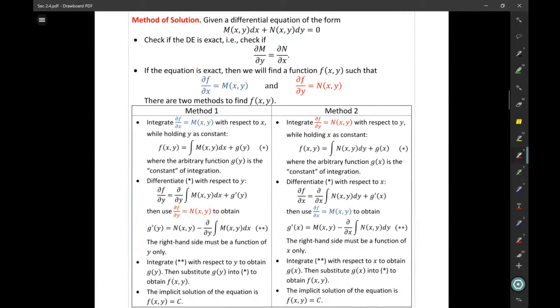So you have to make sure that your differential equation is an exact differential equation. All right. Now, if your equation is exact, then we need to find the function f of x,y. How? I have two different methods.